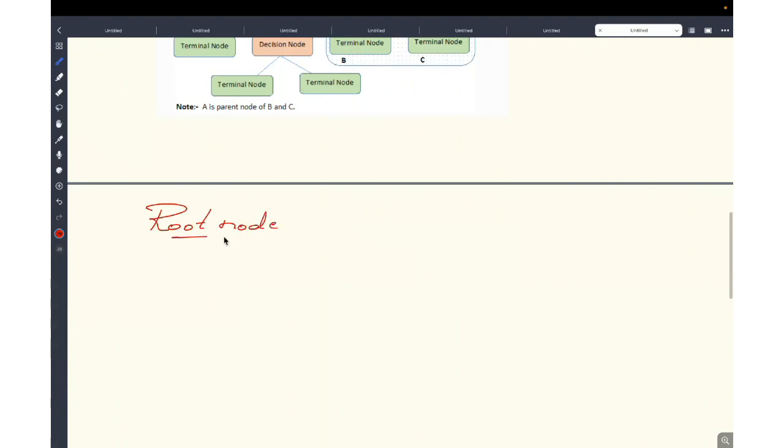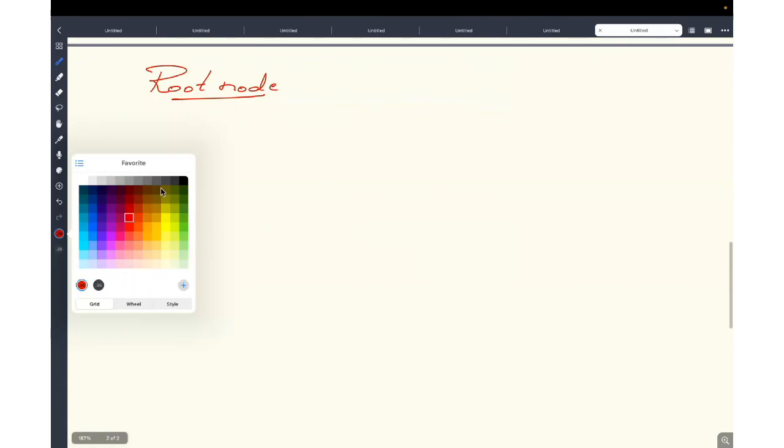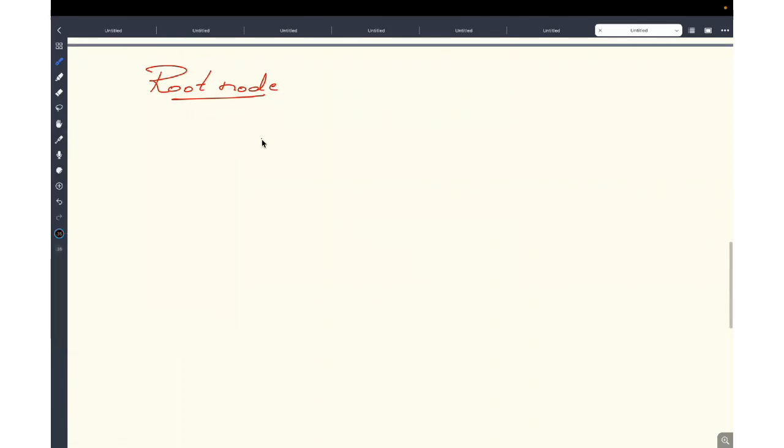So when I say root node, in a decision tree, root node is going to be the main node, which represents the entire population.